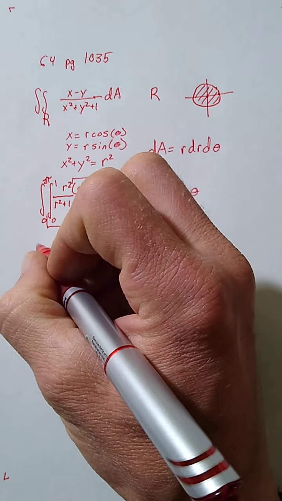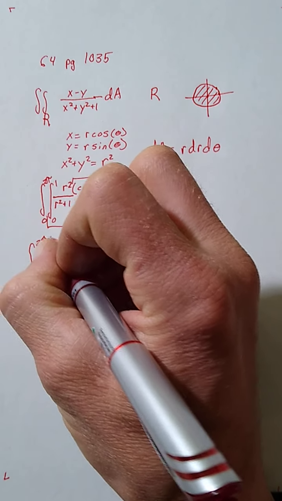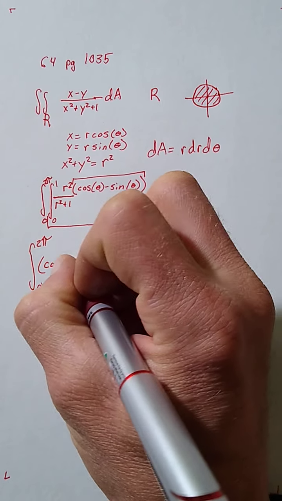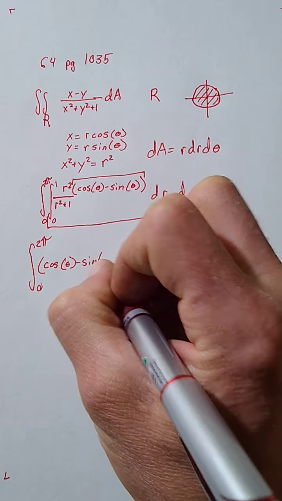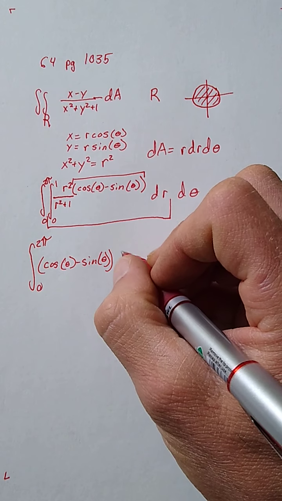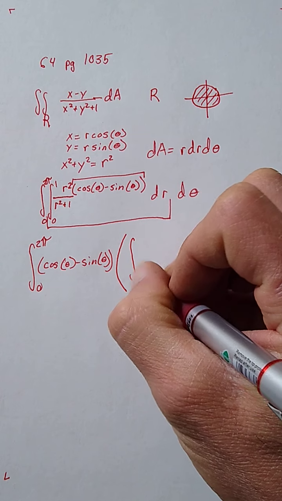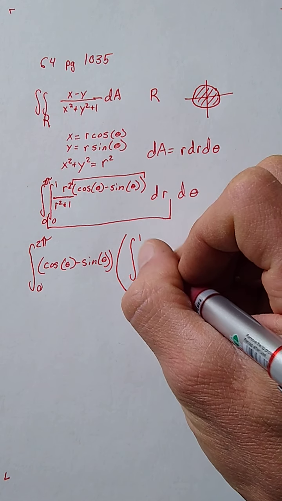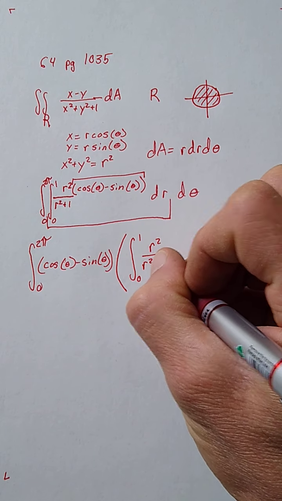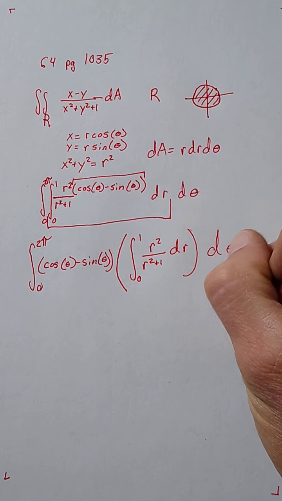We could write this as the integral from 0 to 2 pi of cosine theta minus sine theta, times, in big parentheses, the integral from 0 to 1 of r squared over r squared plus 1 dr, d theta.